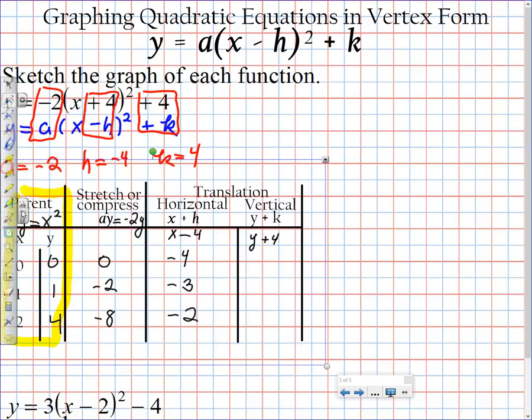Now, this is very important. I don't go back, I'm not talking about these y values. I'm talking about the stretched y values. So 0 plus 4 will give you. Now y is negative 2. Negative 2 plus 4 will give you. And y is negative 8. Negative 8 plus 4 will give you.